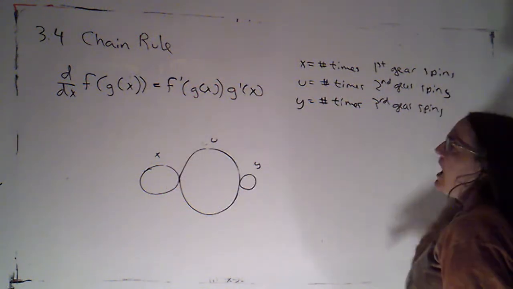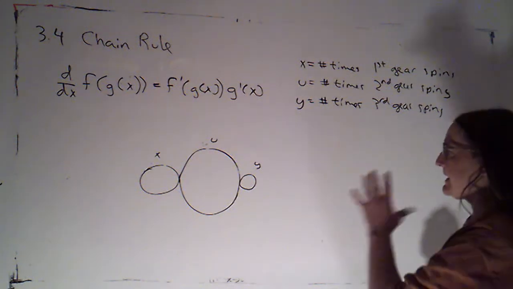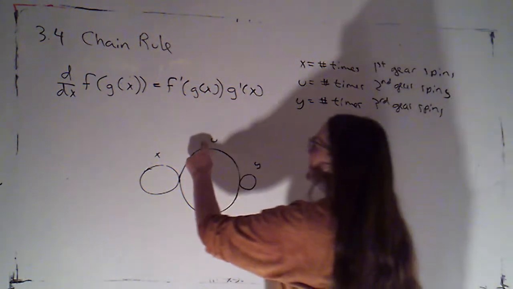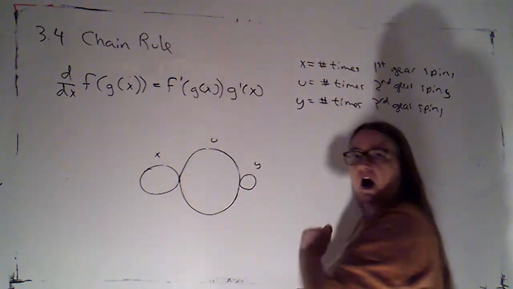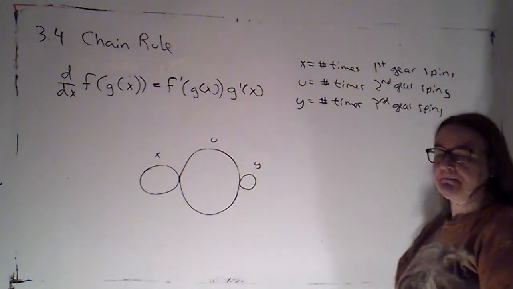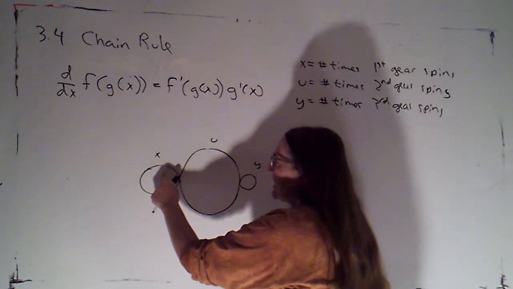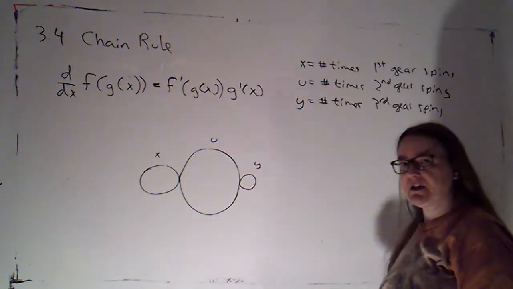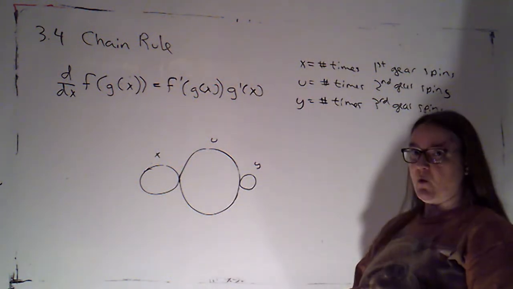All right. So let's just see if we can get some sense of the relationship between x and u, and between u and y, and then build out of that the relationship between x and y. Now, if I were to spin x once, is that going to cause u to spin once or less than once?